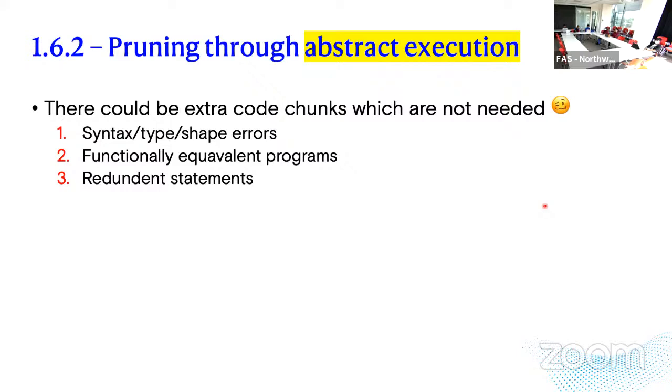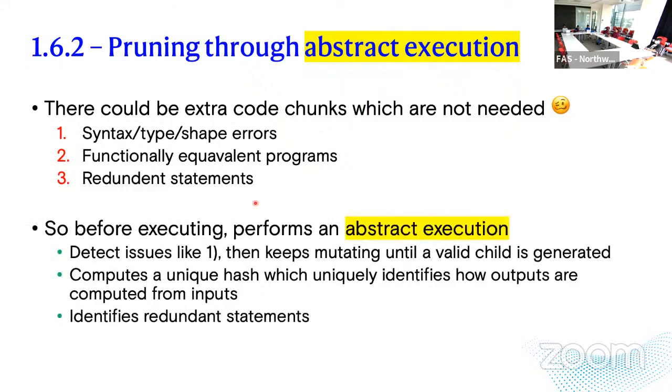So those are functionally equivalent programs, and there are redundant statements. So there could be optimizers with these issues. So they come up with this step called abstract execution, where it takes a very fractional amount of time to evaluate whether it has errors like these.